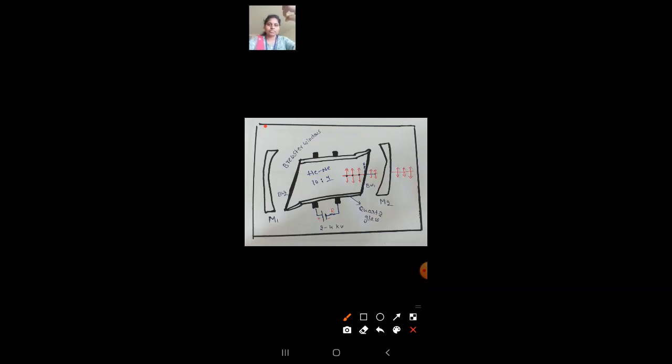Then the helium atom loses the energy and falls down to the ground state. At that time, the neon atom is ready to absorb the energy, and then the neon atom also gets excited to the 3p level state.